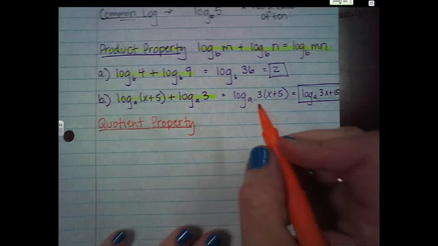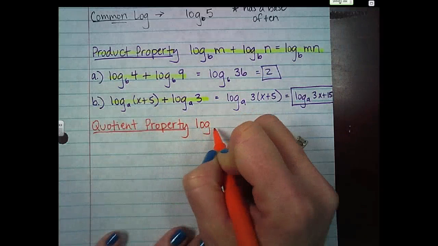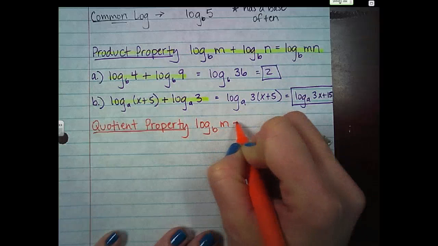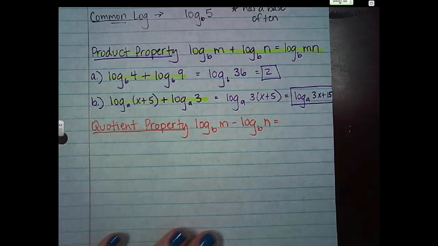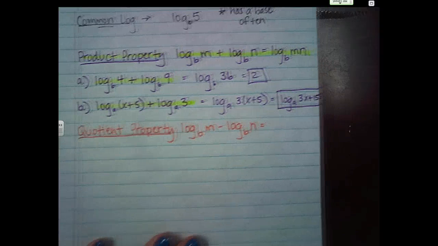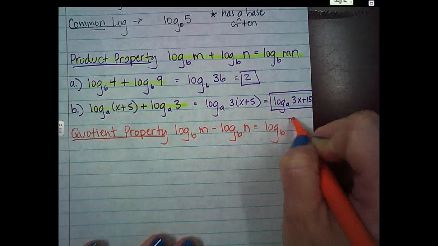Subtraction, good. So if I told you log base b of m minus log base b of n, subtracting 2 logs is the same as division. So this would give you log base b of m divided by n.